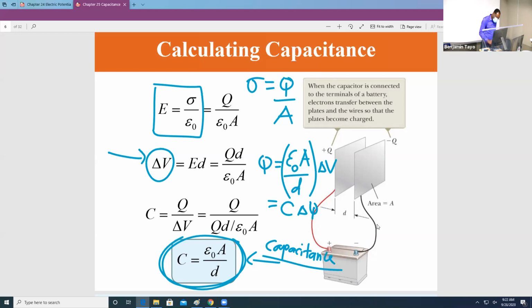So let me see if I have one example. I'll do a quick example. Now this equation comes from the fact that when you build positive charges on one plate here and negative charges on a different plate, then this will create a uniform electric field.